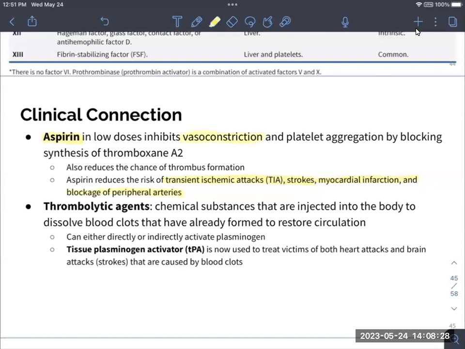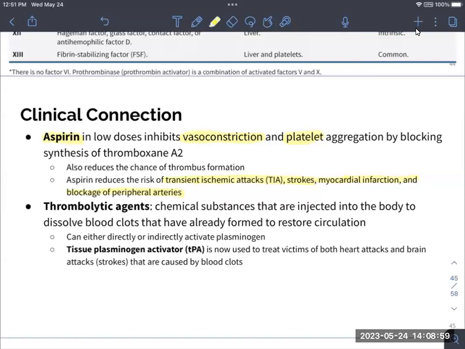So when a blood vessel or something gets torn, those blood vessels aren't going to constrict down, they stay their normal size. They also block the formation of platelet plugs because platelet plugs can break loose from those blood vessels. And if they're not broken down, this is what ends up causing those transischemic attacks, those strokes, those myocardial infarctions.